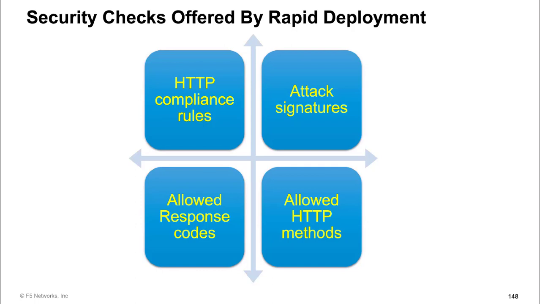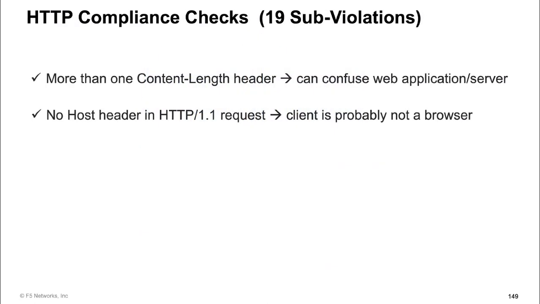But another security check that is on by default, well, that can be used for rapid deployment is what we call, let me go through the slides here. So compliance checks, once again, we make sure that the protocol is compliant.